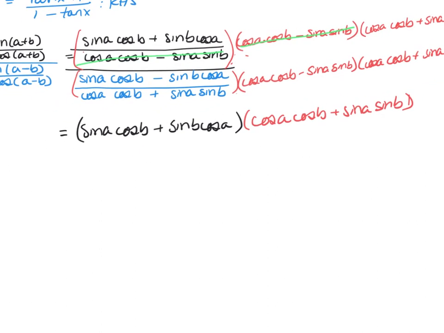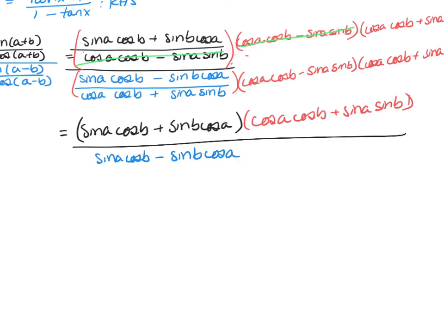In the denominator, I'm going to have the sine of A cosine of B minus the sine B cosine of A, multiplied by, this one will cancel with this one, so it's going to be multiplied by the cosine of A cosine of B minus the sine of A sine of B.